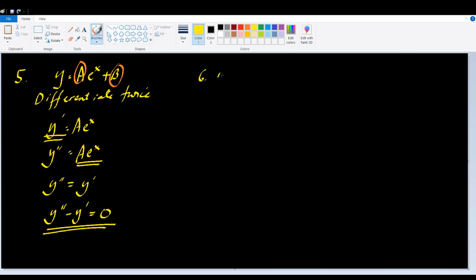Next, y equal to a sine of x plus b. So here we have again two constants, a and b. We differentiate twice. y prime is equal to a, the derivative of sine is cosine of x plus b.